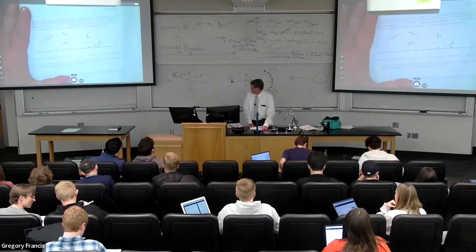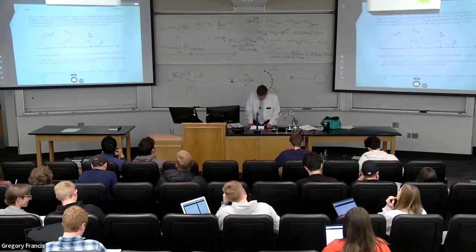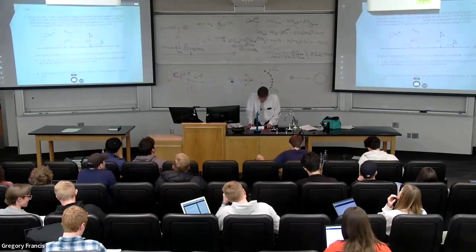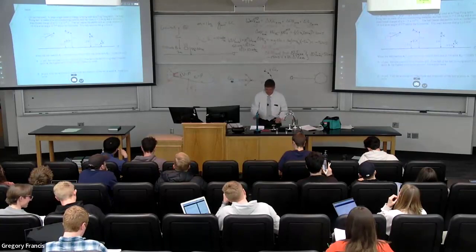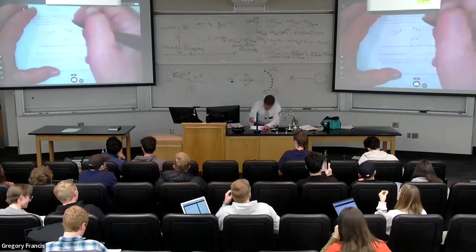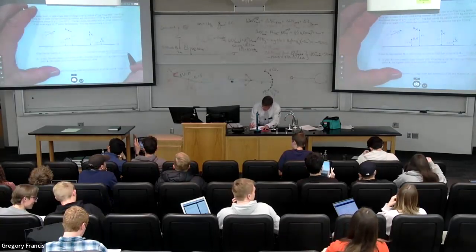Well, in this problem, we are told that the electric field due to the table that's been painted with charge at point A is going to be 50,000 newtons per coulomb up.